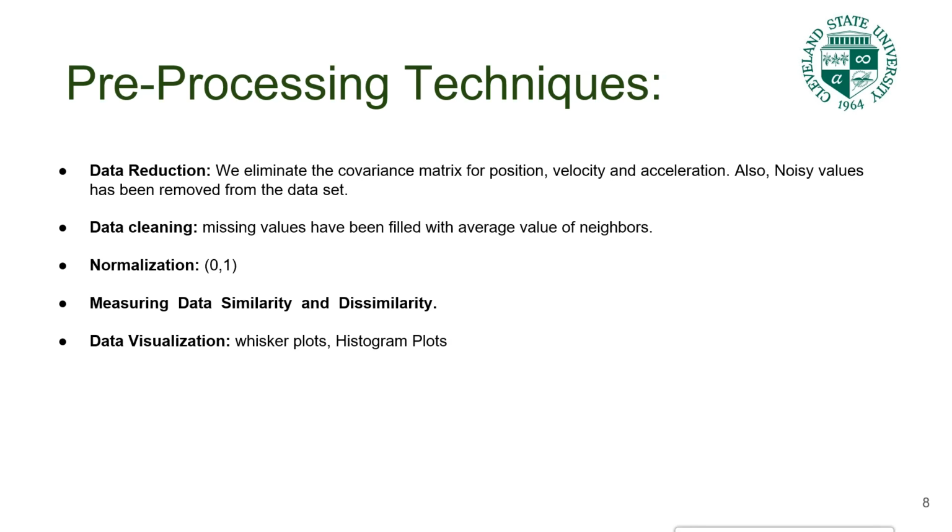We normalized all the data, the position, velocity. There were 12 features and there were 12 columns of data, but I think about 28,000 rows that we have, and we normalized all of them to be between 0 and 1.